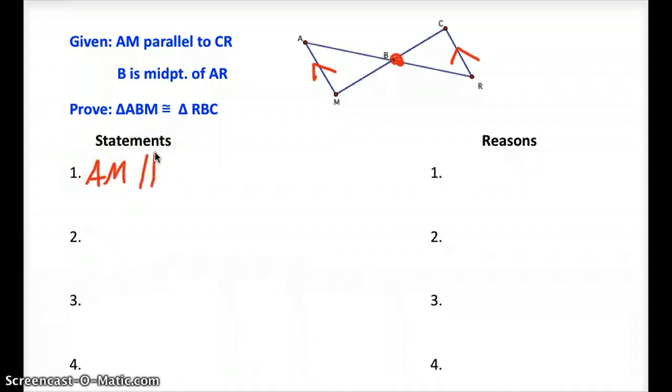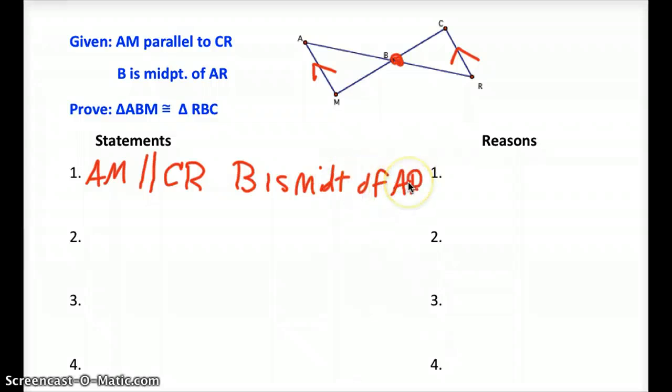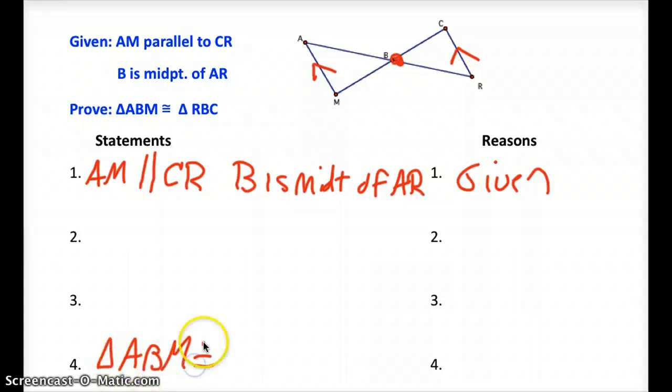AM parallel, that's the parallel symbol, to CR, and B is midpoint of AR, and that's given. And then I'm going to come down here to number 4, and I'm going to write triangle ABM congruent to triangle RBC.